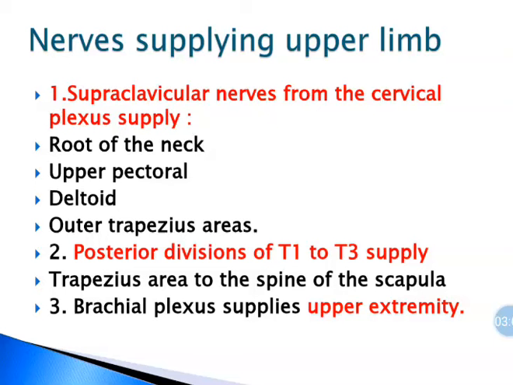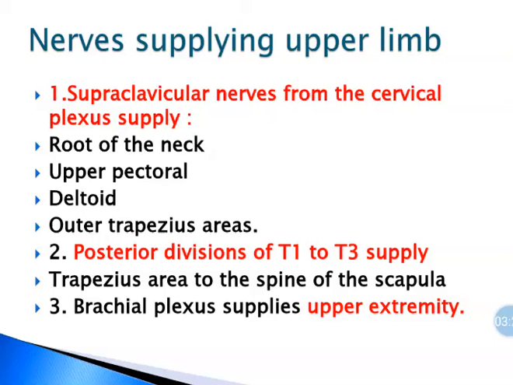Then coming to posterior divisions of T1 to T3. Posterior divisions of T1 to T3 supply back region, that is the trapezius area, that is from neck to spine of scapula.